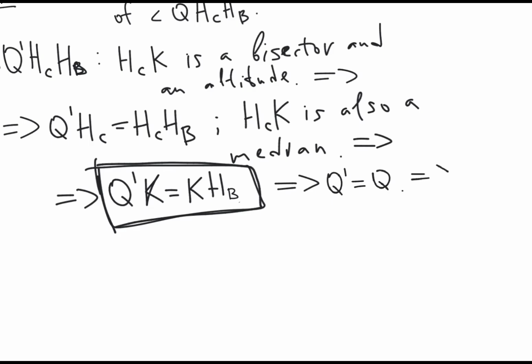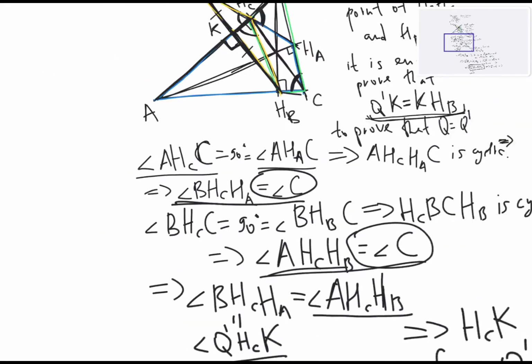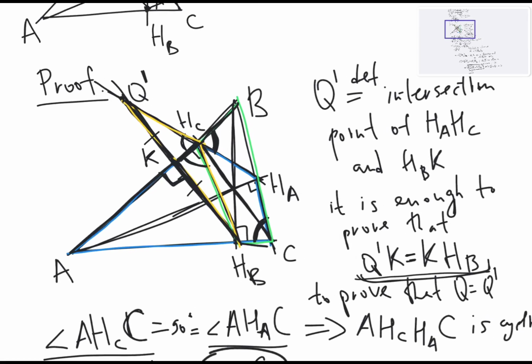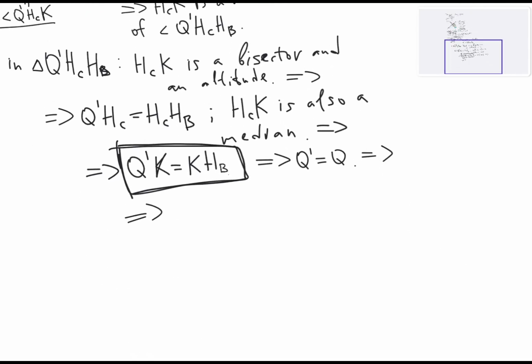And so now, because Q prime by construction lies on the line HAHC, and Q prime is really the same point, it means that Q lies on this line. So it follows that Q belongs on the line HAHC. And that is basically what we needed to prove.